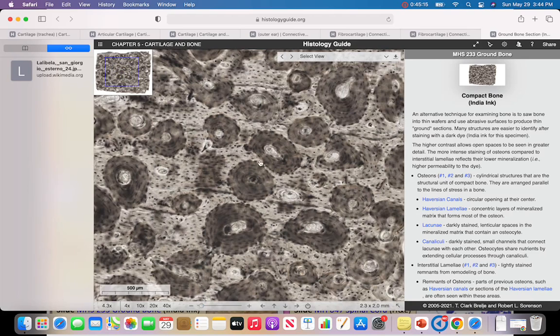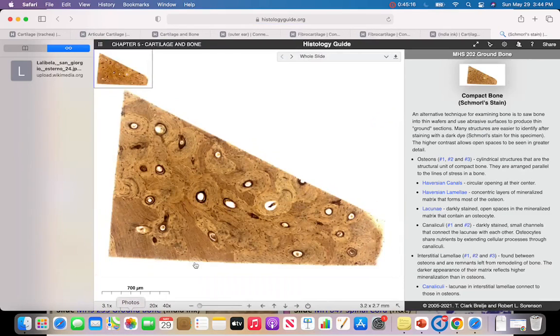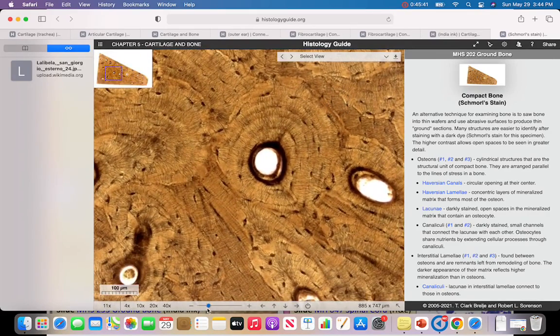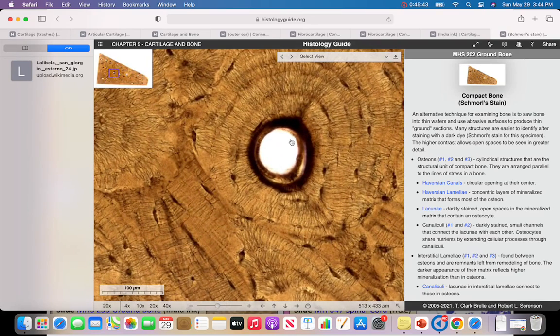In between these concentric lamellae are the interstitial lamellae, which are leftovers from bone remodeling. We also have another slide of compact bone with a different staining, but the structures are the same. This is with Schmorl staining.